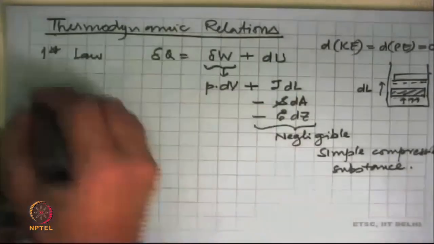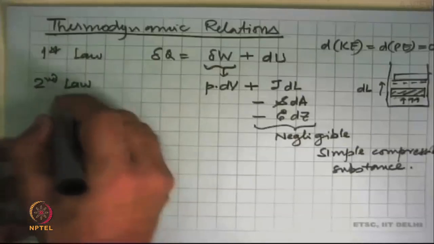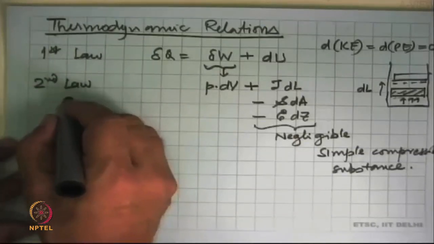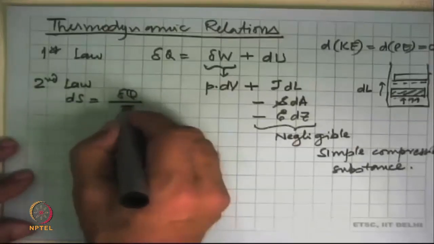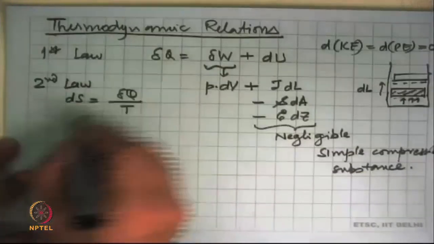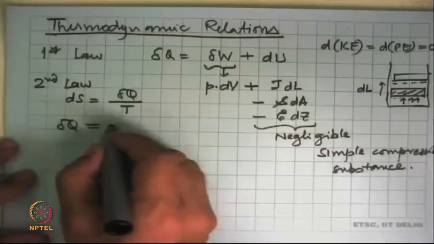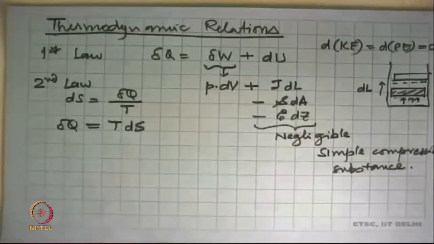Okay, and now we say, what did the second law tell us? It said that for a reversible process, dS is delta q by T, or delta q is equal to T dS.